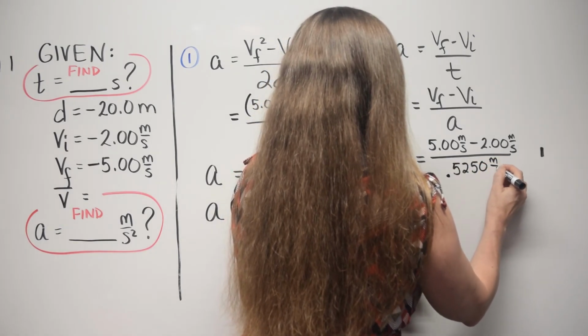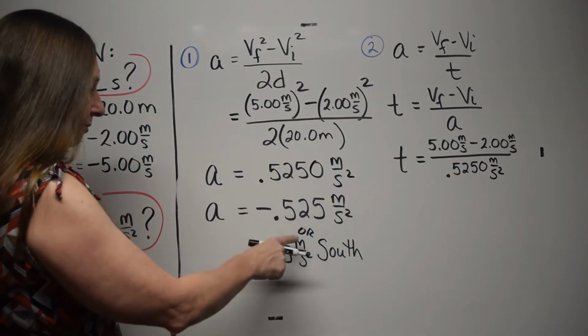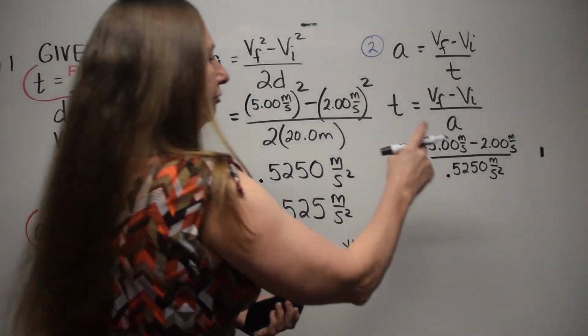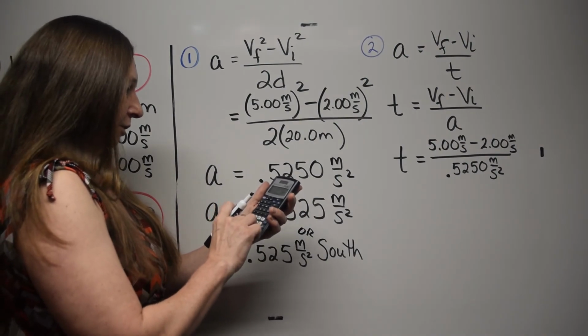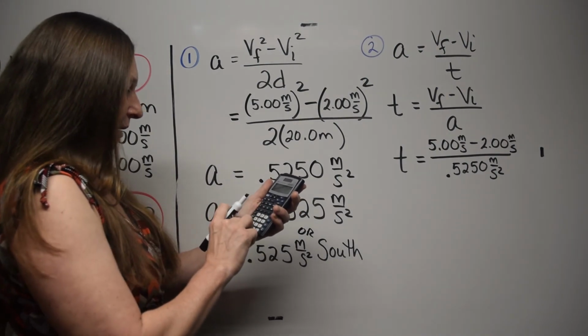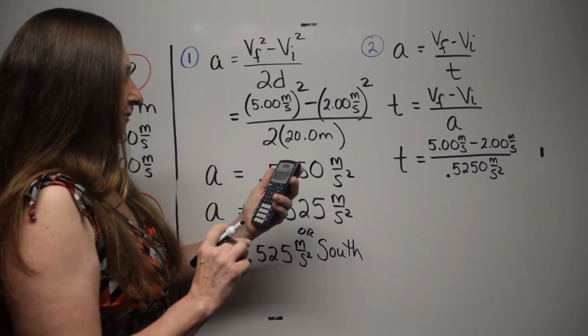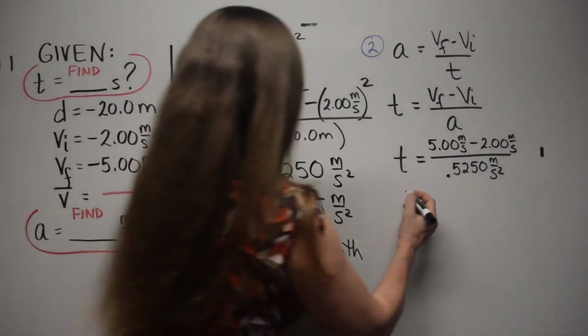Here, 0.5250 meters per second squared is the acceleration that we carried over from this part of the problem. So we've got 3 divided by 0.525, and we're getting 5.714 seconds.